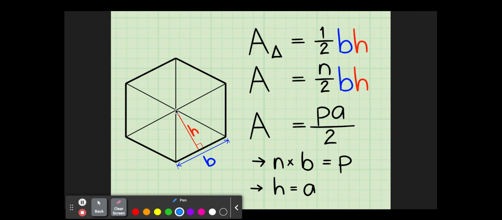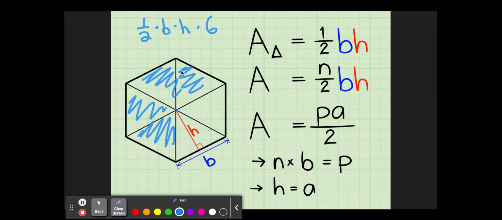Look, here we have a hexagon. Using this apothem as the height of this triangle and this side B as the base, can I just say that what's happening here is I'm doing 1/2 times the base times the height times 6, because it's 6 of the exact same triangle area that is contained within this hexagon, right?